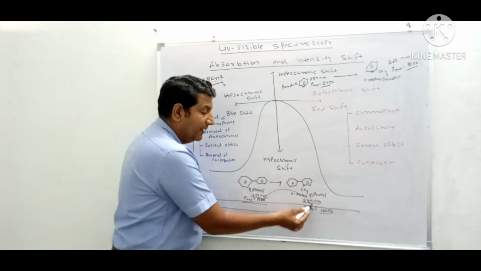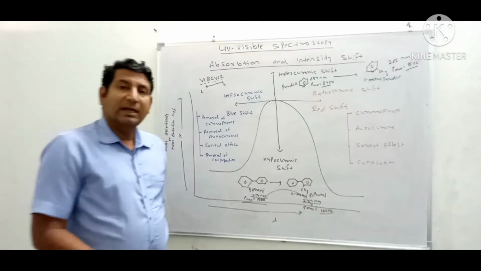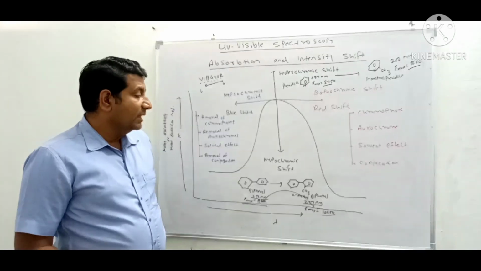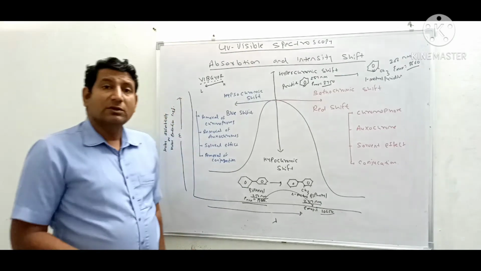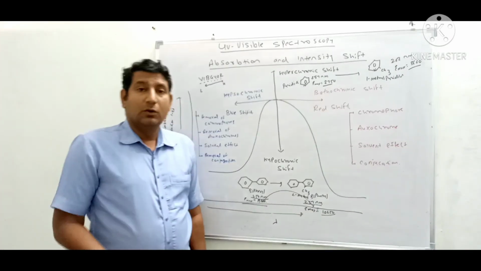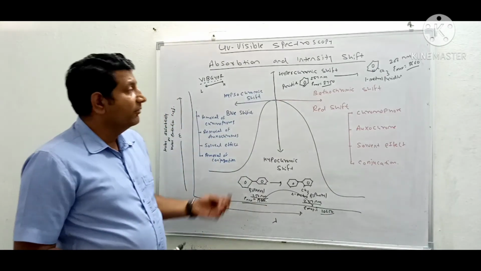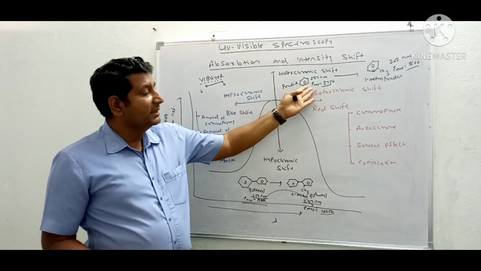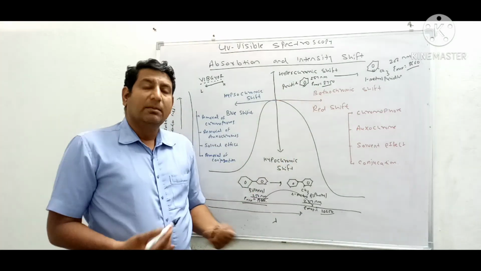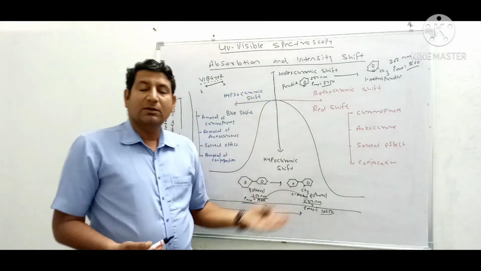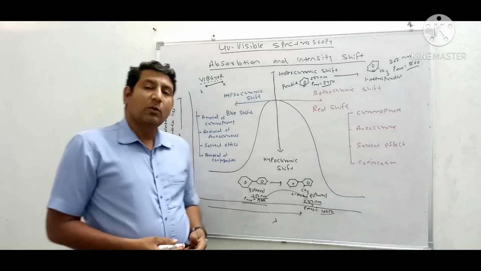So this reduction in the value of epsilon or molar extinction coefficient is known as hypochromic shift, and this is caused by addition of certain groups. So addition of certain groups may increase the intensity of UV absorption, that is the epsilon value, or can decrease it. Both can happen, and that is the cause of hyperchromic and hypochromic shift.